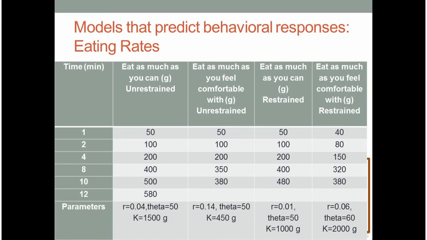If you said that the eat as much as you feel comfortable with, the unrestrained group, the answer is correct. The R was much higher than the other R's in the other groups, and the K was much lower. It's as if they sped right at the beginning. They were trying to eat as much as they felt they could, and then they slowed down with a very low saturation rate. So that was very interesting.